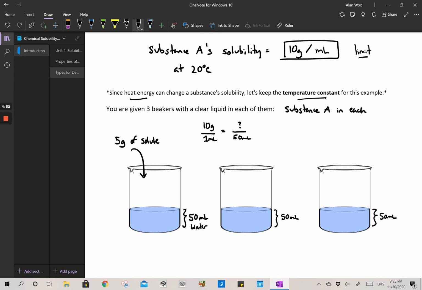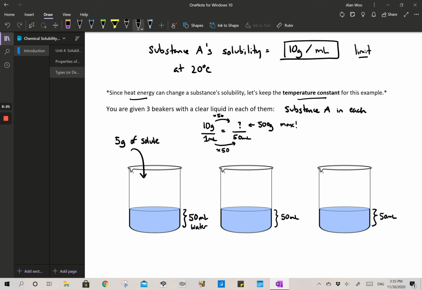Because we multiplied by 50 here, we would also multiply by 50 here. So this number is 500 grams. That's the maximum that can be dissolved in 50 milliliters.